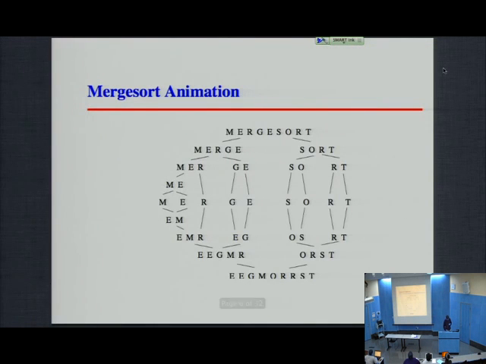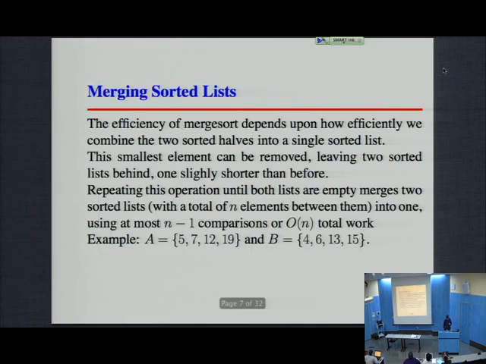Again, that's a picture of it, but I think I like my picture better. So what is the running time of this thing? The important point is that the efficiency is going to depend upon how fast we can merge the two halves into sorted lists.